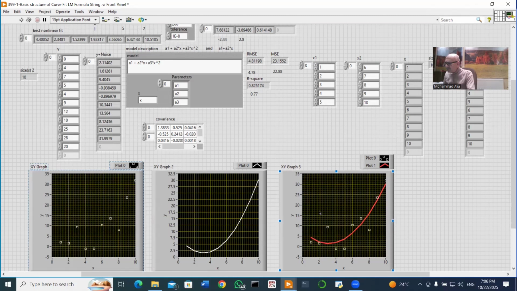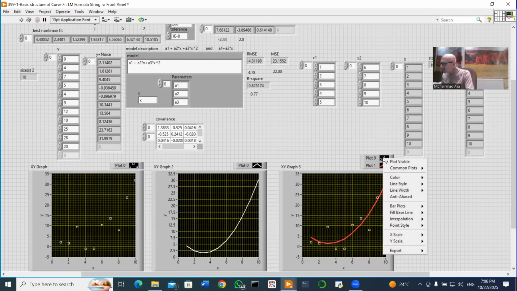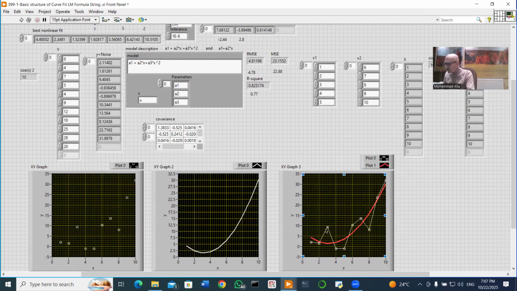So, of course, these values also may be shown as a continuous function. You go here, and for example, you can click here, and you will see how they are connected. You can make it as you see here, or you can leave it as it is as points. It depends what you want.